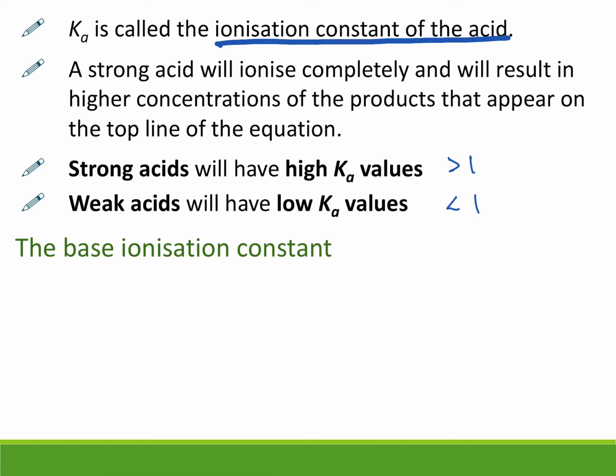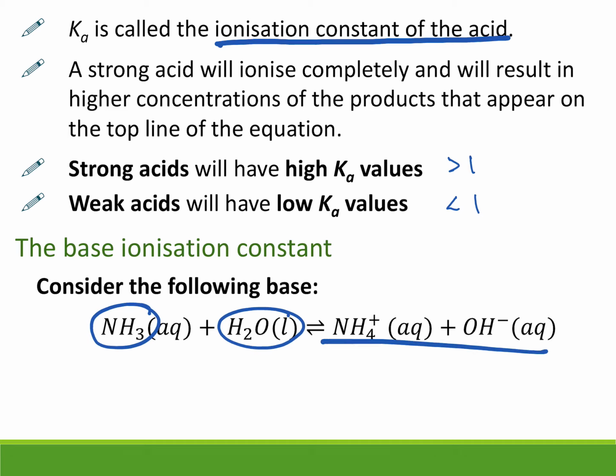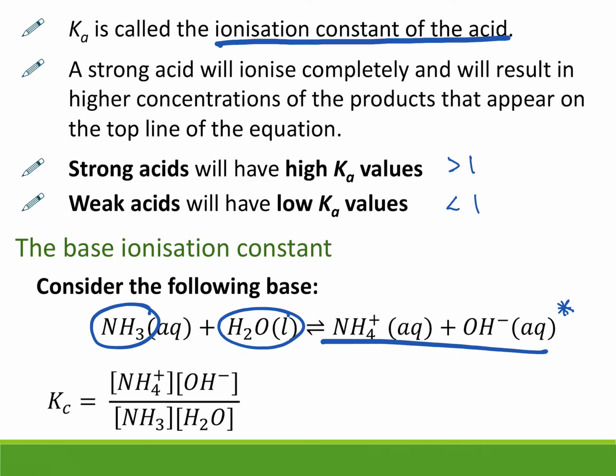When we look at a base ionization constant, now this is dissociation or ionization with a base, because remember, bases generally dissociate because they're ionic. So if we consider the following base, here we have ammonia reacting with the water, which creates our ions. What we're really concerned about is whether we have a lot of these ions at the end. So we would normally set up our Kc value with the products over the reactants.